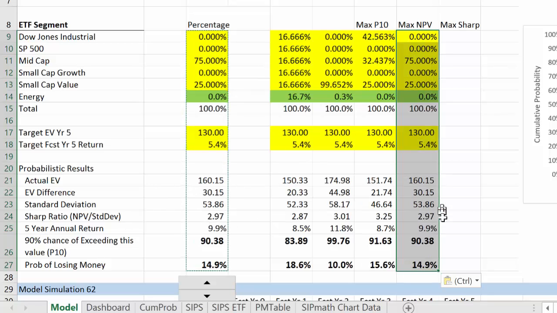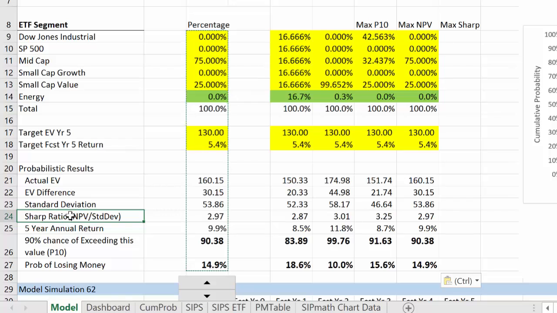Then we have another metric here called the Sharpe ratio, which I'm going to define as MPV divided by standard deviation. I think the actual definition is a little bit different, but that's close enough for comparative purposes. And we see that maximizing the P10 gives us a pretty nice Sharpe ratio. Maximizing MPV is a lower Sharpe ratio.